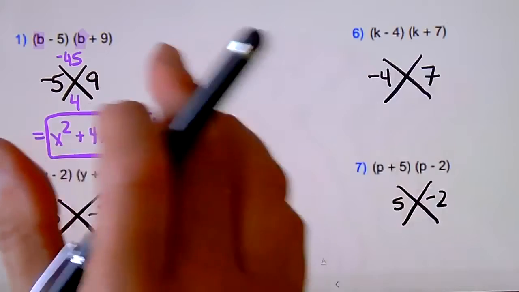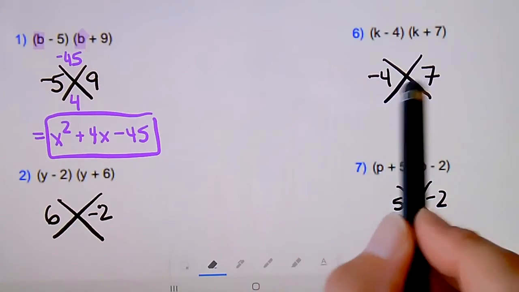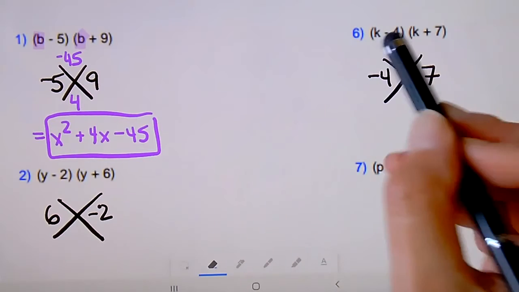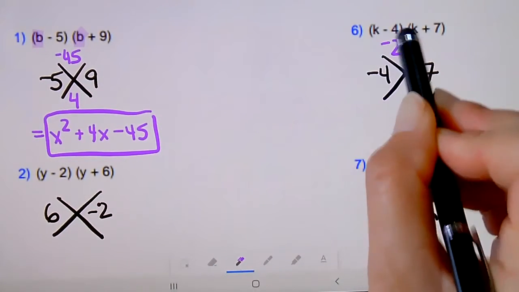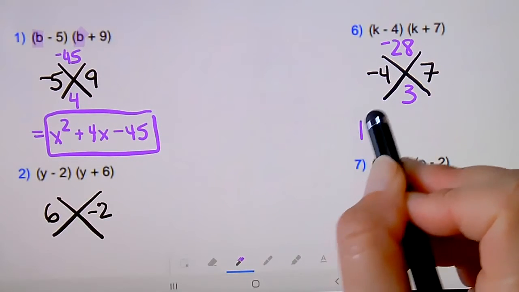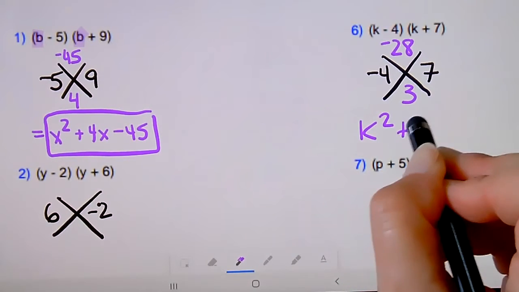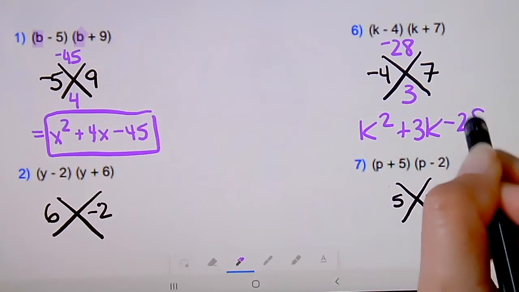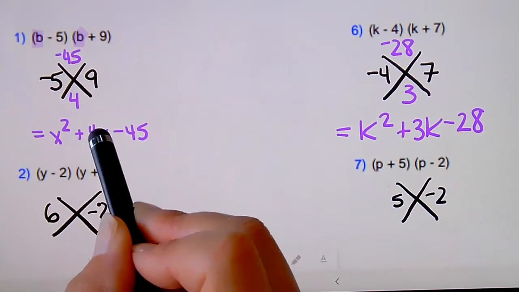Okay, so I'm just going to run through them going down the page. So this was -4 and 7 on the sides, which should have given you a -28 and a 3. So this should have been k squared plus 3k minus 28. And over here, I'm noticing these are actually b's.